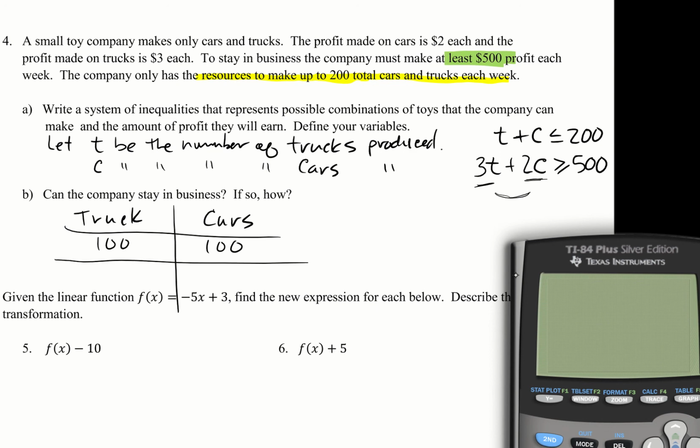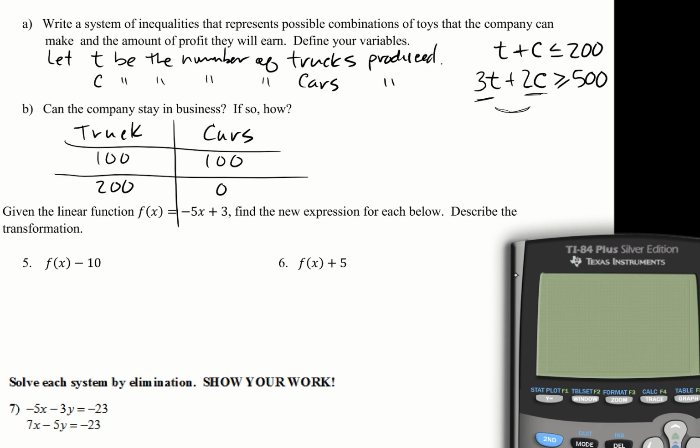But I could also do, for example, all 200 of my vehicles produced would be trucks. That would give me $600 profit, and I would be making 0 of the cars. So there's a lot of different numbers in there that work, but the important thing is I can't exceed my production limitation of only 200 toy vehicles per week, and I also have to make sure that I'm getting $500 or more for the profit.